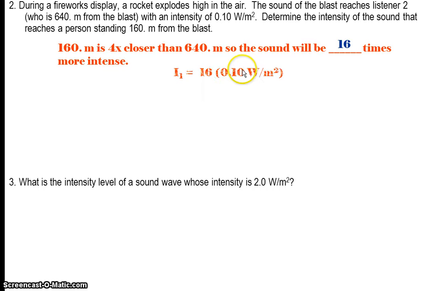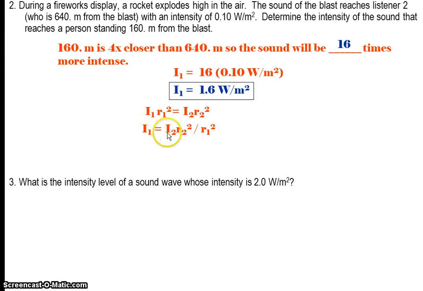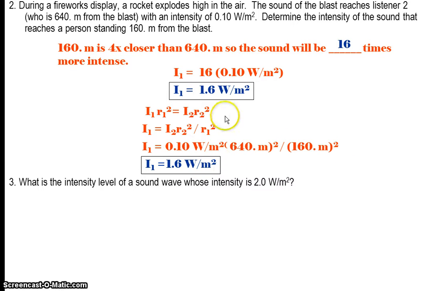If you're going to do it mathematically, you can use this equation and solve for listener 1: it's I2 R2 squared divided by R1 squared, and we're given all those values. You plug them in, make sure you square your distances, and you get the same answer. As long as you put this sentence into your work, then it's okay just to solve and show this right here.